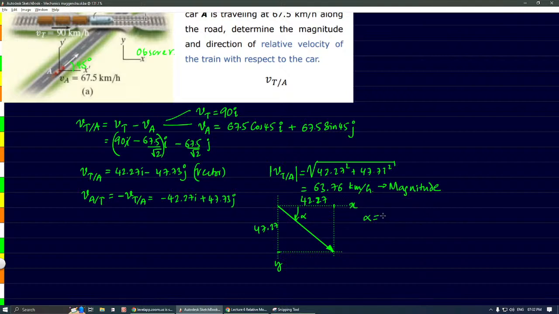Alpha will be 47.73 over 42.27. This is in degrees, right?